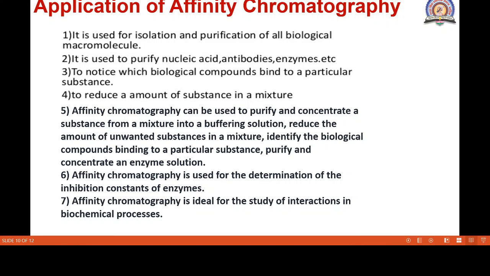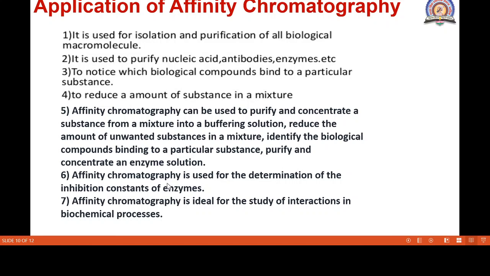To reduce the amount of unwanted substance in a mixture, means impurity, after removal of impurity we are getting a purified mixture. Affinity chromatography can be used to purify and concentrate a substance from a mixture into a buffering solution and reduce the amount of unwanted substances in the mixture, and also identify the biological compounds binding to a particular substance, purify and concentrate an enzyme solution.